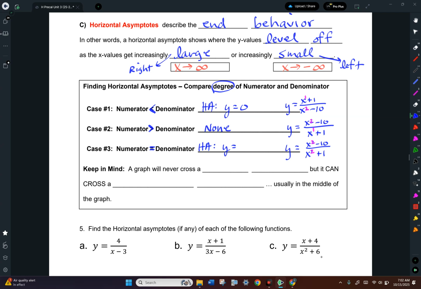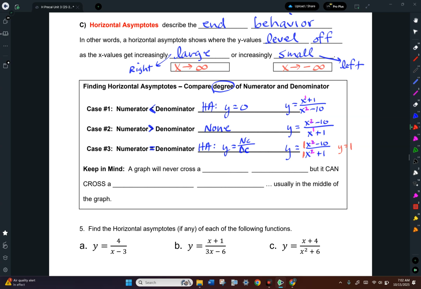So I'm going to say numerator coefficient over denominator coefficient. On this particular example, the coefficient on the top was a 1 in front of the x squared. On the bottom, it's a 1 in front of the x squared. So the horizontal asymptote would be 1 over 1, which is 1.